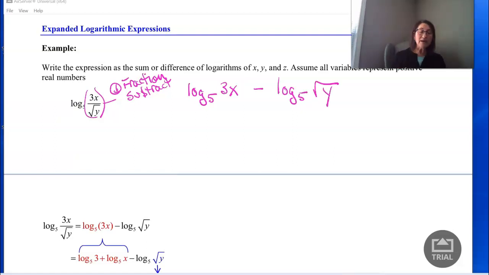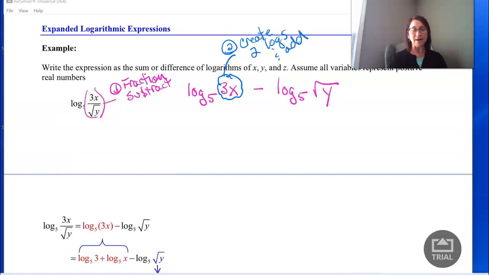The second thing I see is that with this first log I have 2 factors as my argument, so I'm going to create 2 logs that are added. That's going to be log base 5 of 3 plus log base 5 of x.